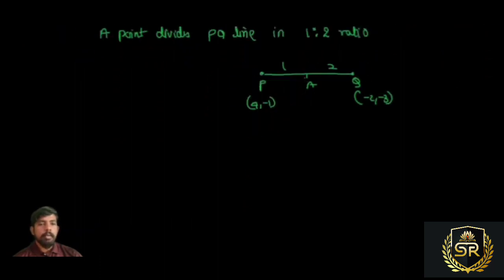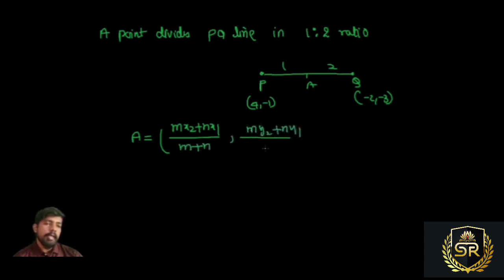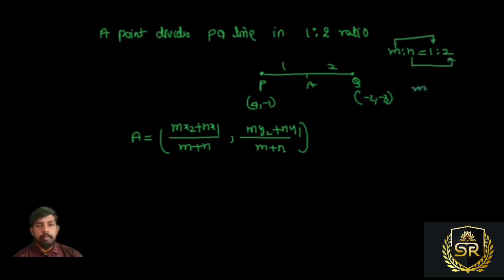We are supposed to find point A. A is dividing internally, so the formula is A equals ((m x2 + n x1)/(m + n), (m y2 + n y1)/(m + n)). Here m:n is 1:2, so m is equal to 1, n is equal to 2.